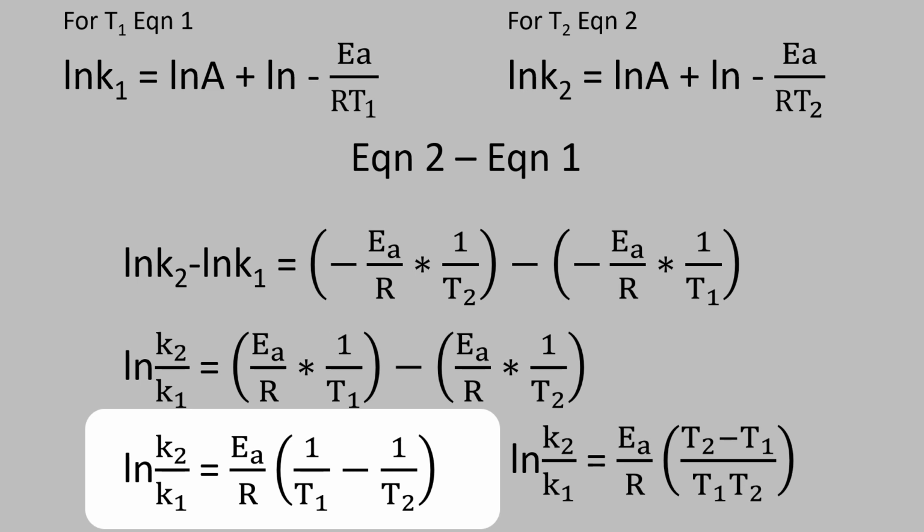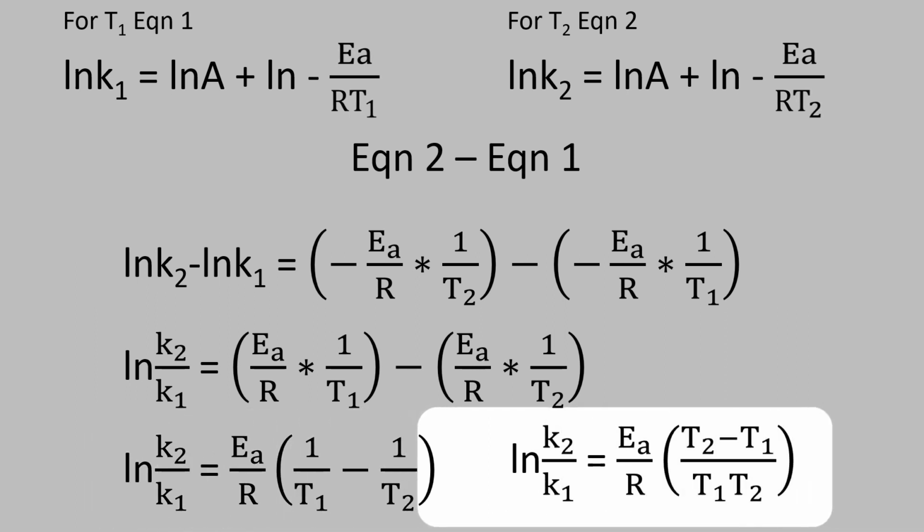Since 1/T1 and 1/T2 are fractions, we can also rearrange it in order to solve for Ea like this. ln(k2/k1) = Ea/R times (T2 - T1)/(T1 T2), where T1 T2 is the LCM and T2 - T1 will give you the difference in temperature. We can further rearrange this equation to solve for the energy of activation like this.